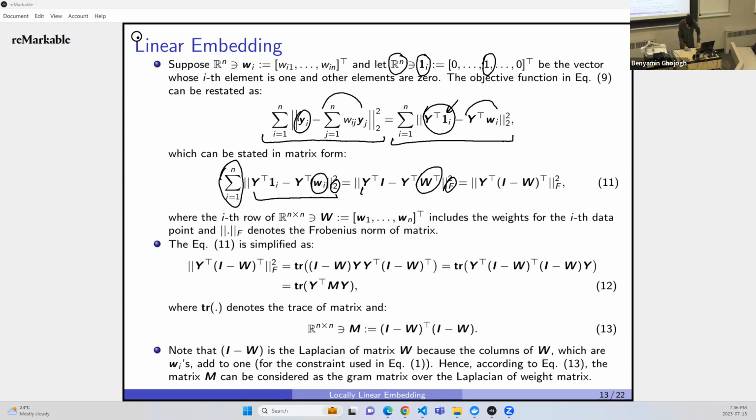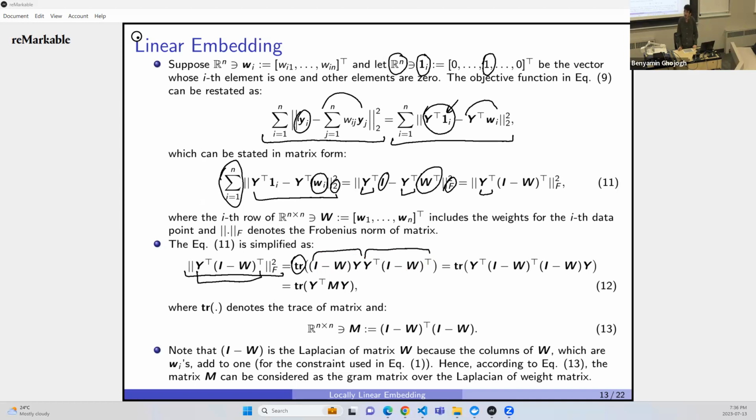Then we know that Y transpose appears, so I can left factor out Y transpose, right? We have this, and we know that I transpose equals I, because I is symmetric. Then let's simplify this. I know that something Frobenius norm squared equals trace of that thing transpose that thing. So I have trace of this thing transpose this thing. And if I transpose it, it changes the order also. This thing, transpose this. Okay.